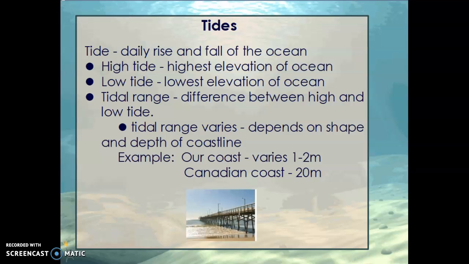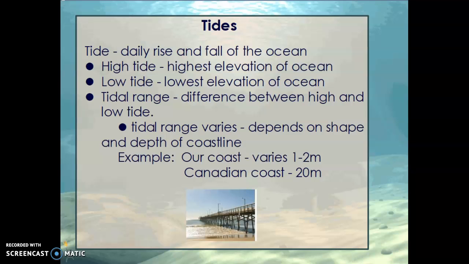Now, the range depends on several things. It depends on your location. It depends on the shape of your coastline and how deep your coastline is. As an example, off our coast, if you look at a tidal chart, the difference between our high tide and low tide is 1 to 2 meters, which is roughly 3 to 6 feet, which isn't very much.